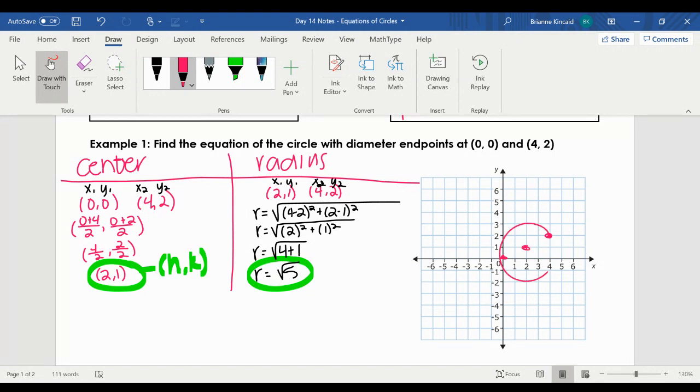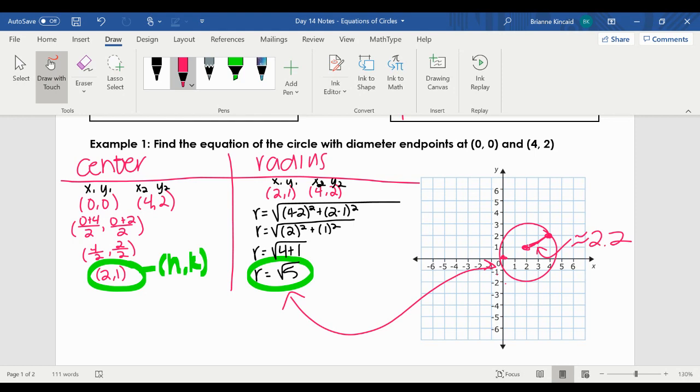You can draw in the rest of your circle. If you were to plug in the square root of 5, it's going to give you a little bit over 2. You can tell this distance is just a little bit more than 2, like 2.23, which makes sense.